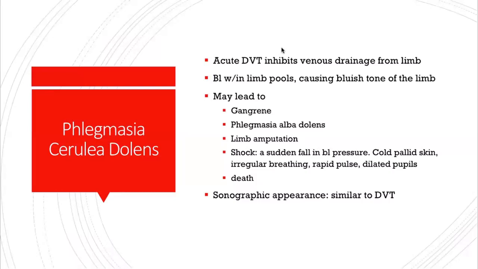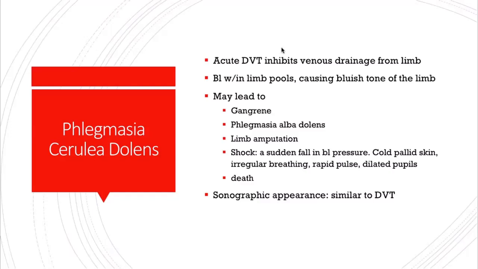So it is an acute DVT, which means the patient has probably never had DVT before, but it's a very severe form of DVT, which is usually proximal in the limb. So it's usually a severe DVT in the proximal arm or the proximal leg.